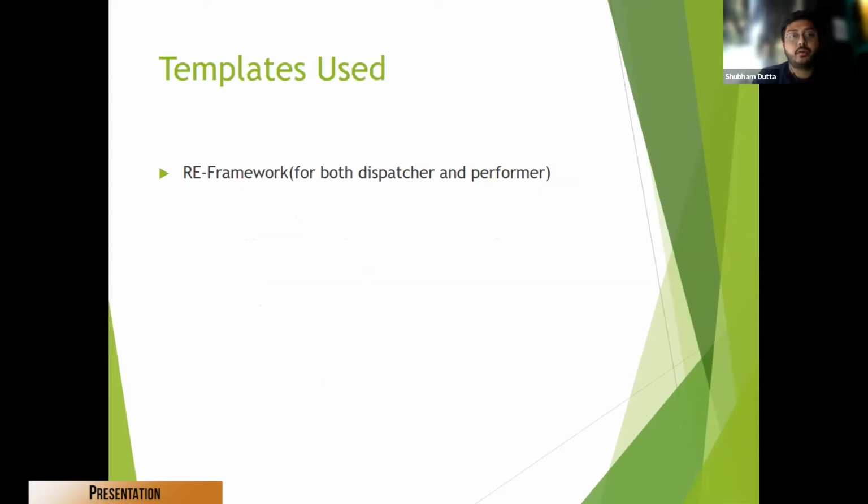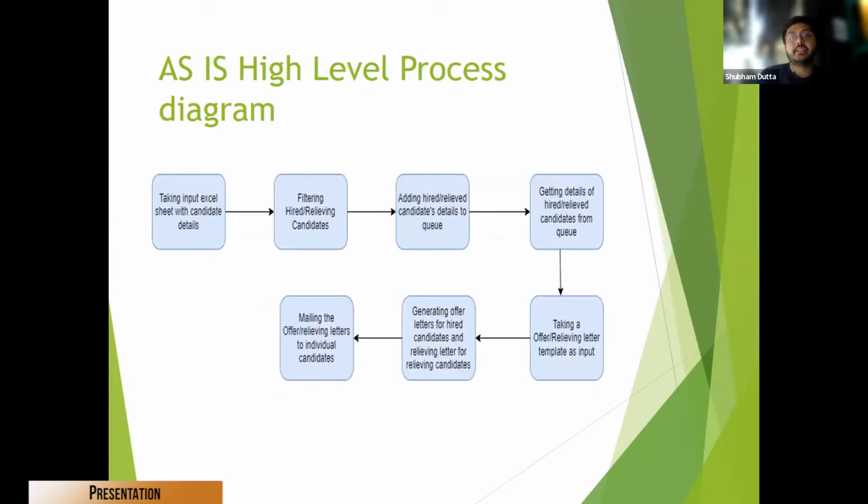For that purpose, you can see the high level diagram also: we take the input in an Excel sheet with the candidate details, filter it, add it to the queue, and then get the details from that queue. We also take an input, because we all know that offer letters and relieving letters differ from company to company.